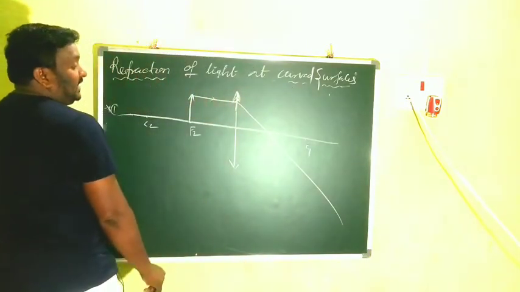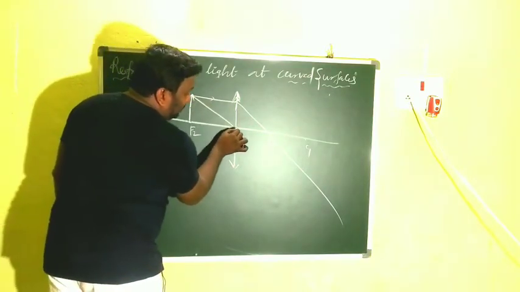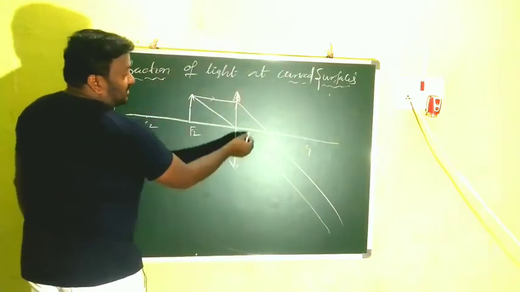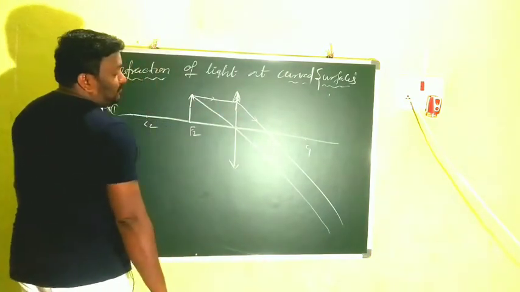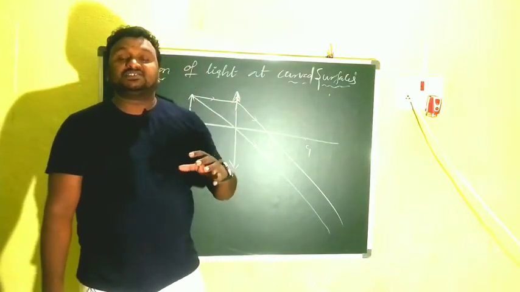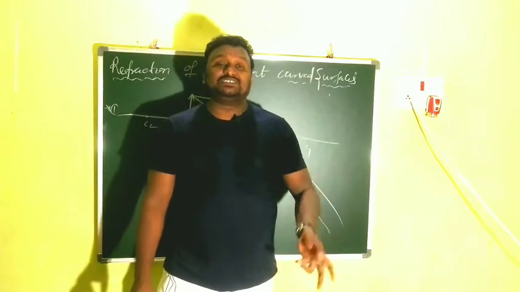Clear? And now I am taking another ray that passes through the optic center. Clear? Now these two are the refracted rays. After refraction these two light rays form the image at infinity.